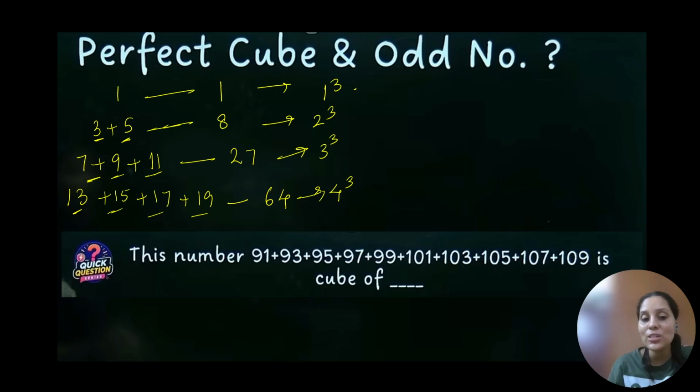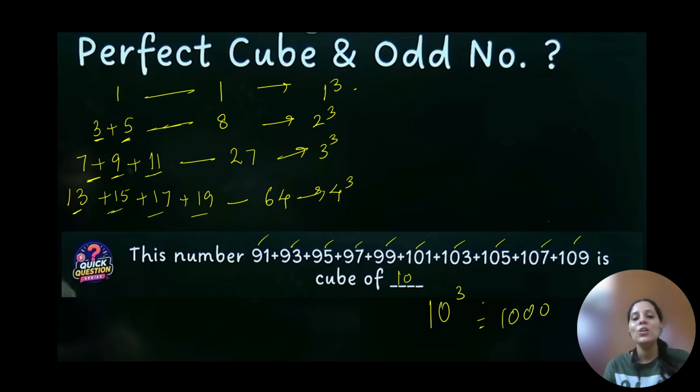Now let's see this question. How many odd numbers are there? 1, 2, 3, 4, 5, 6, 7, 8, 9, 10 odd numbers. So it is going to be 10 cube, which is 1000. So when I add all these numbers, the end result will be 1000. I hope everyone is clear with this relation.